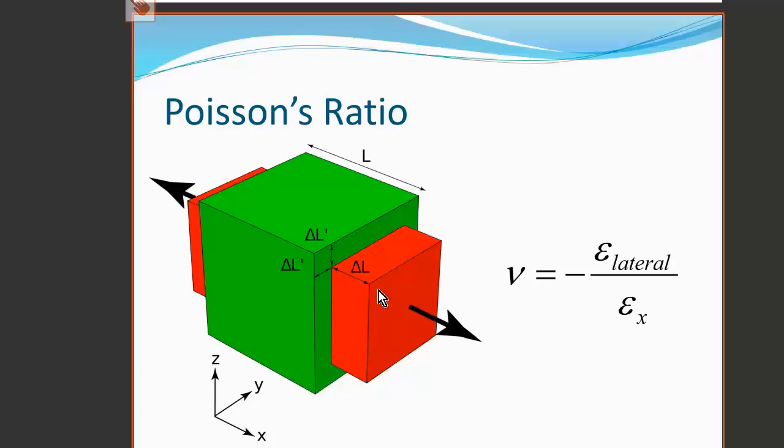So not only has it got longer, but it reduced in width as well. And the ratio between the lateral strain, the strain perpendicular to the direction of the force being applied, and the axial strain is called the Poisson's ratio.